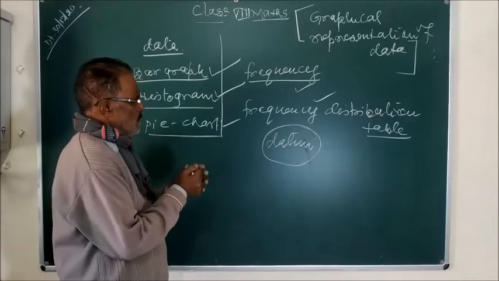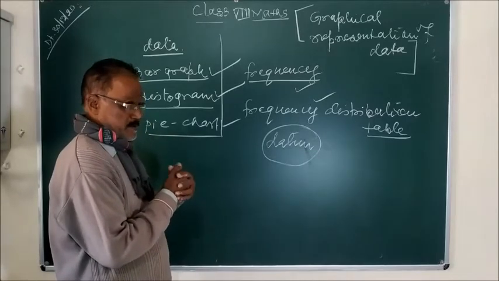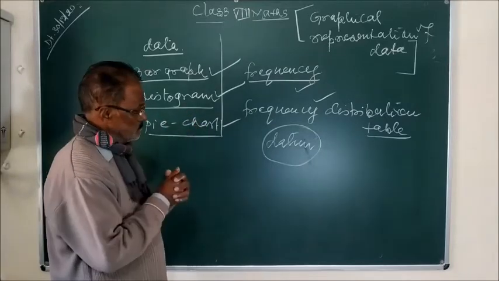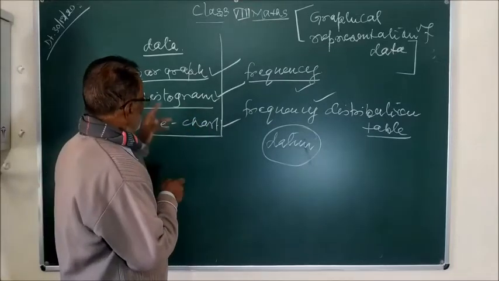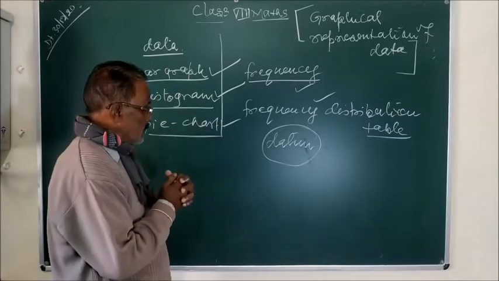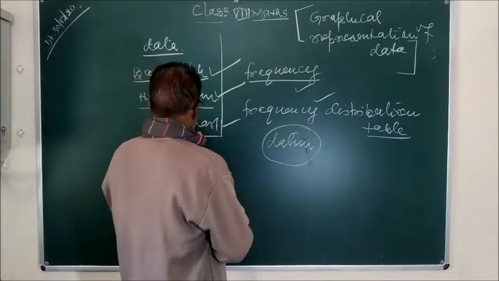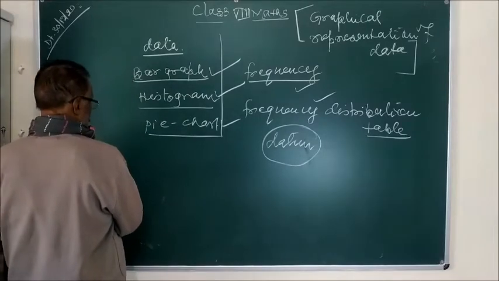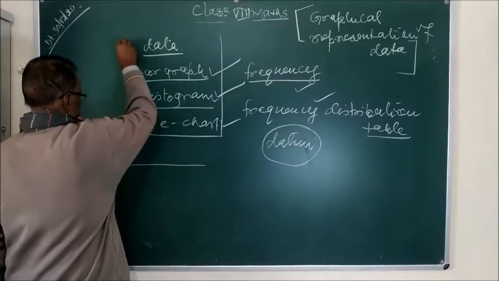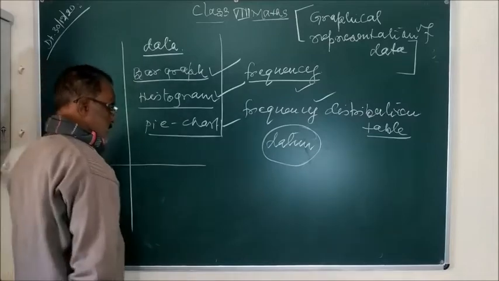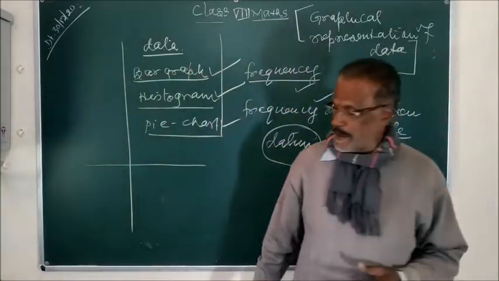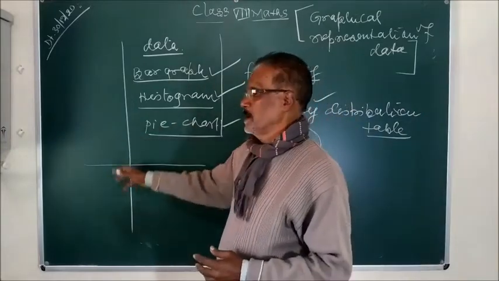First of all, we collect the information given in the question, and we take a graph paper, and then we take two axes. If you draw two lines, vertical line and horizontal line on a graph, this plane is divided into 4 equal parts.